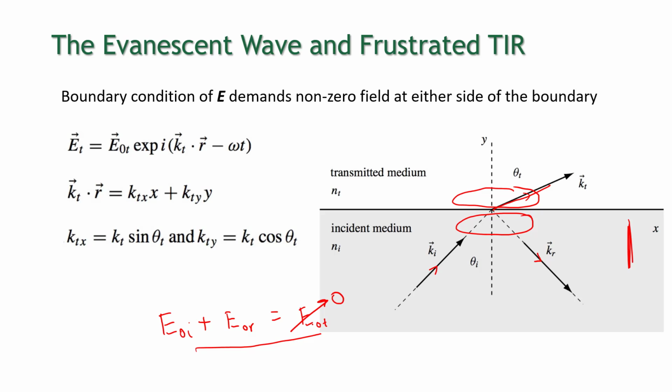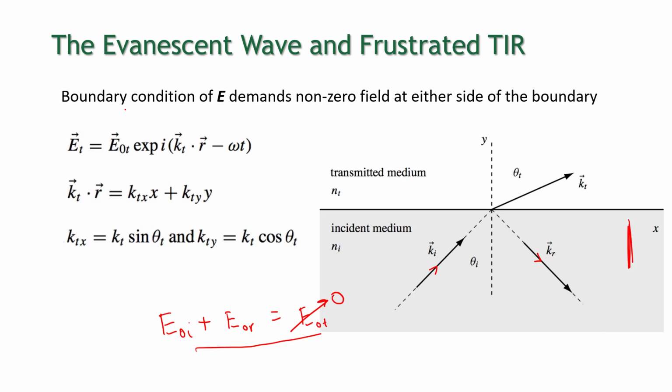If you have some electric field down here, you must have some electric field up here also, because of the continuity condition, because of the boundary condition. So that means our boundary condition requires that although the light is totally reflected, we still should have some electric field on the upper part of the boundary.